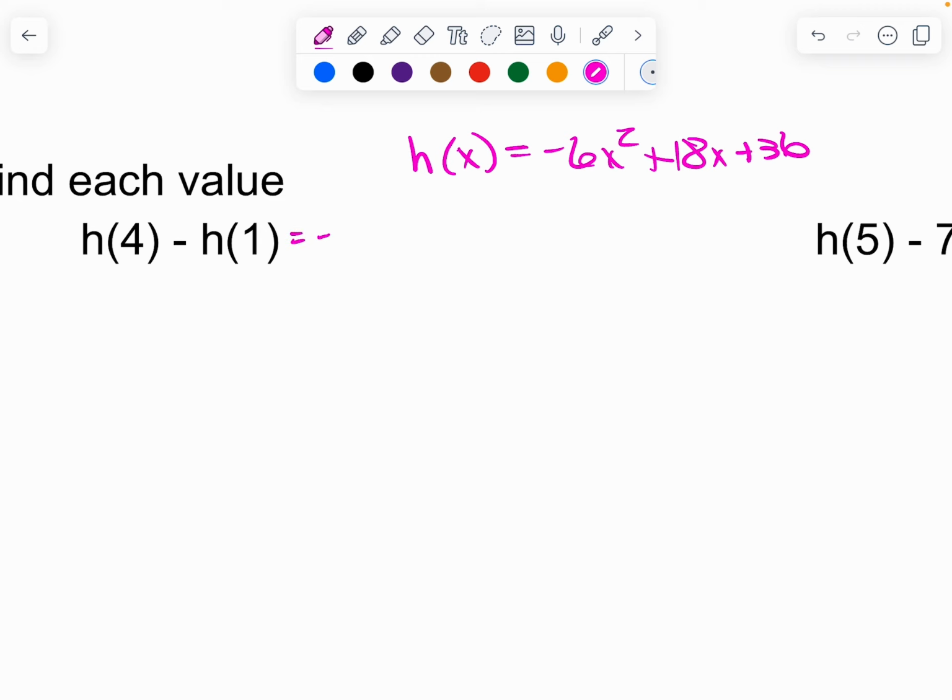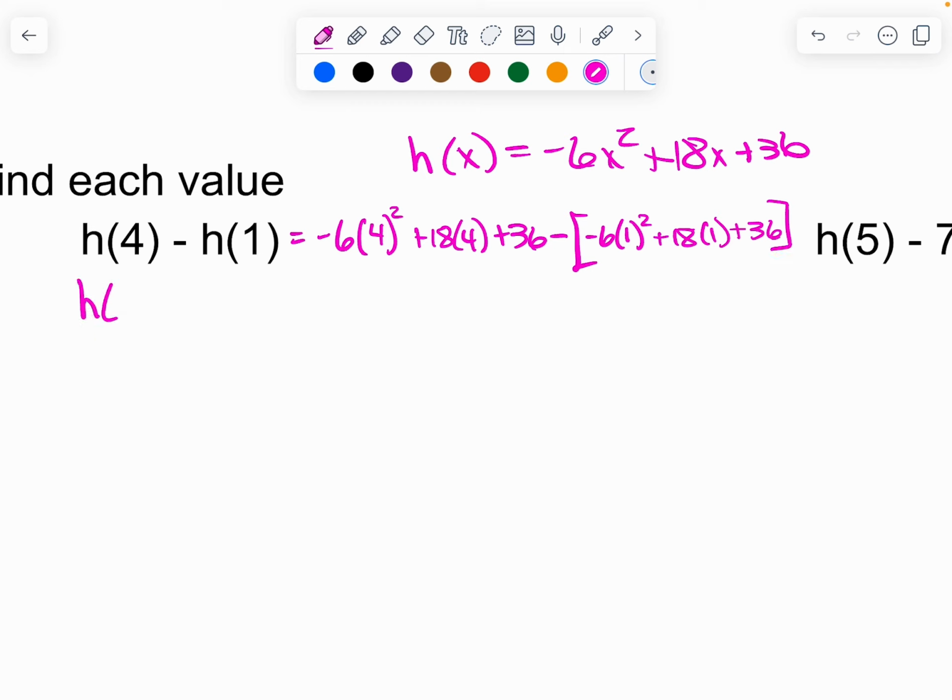So negative 6 times 4 squared plus 18 times 4 plus 36, and then I'm going to subtract negative 6 times 1 all squared plus 18 times 1 plus 36. Okay, so h of 4 minus h of 1.